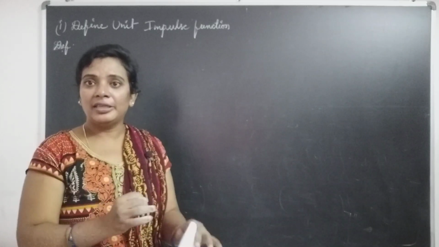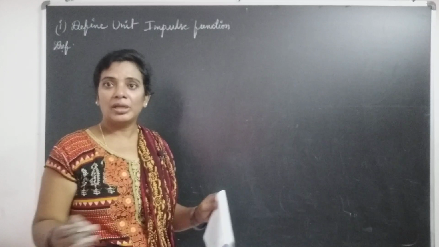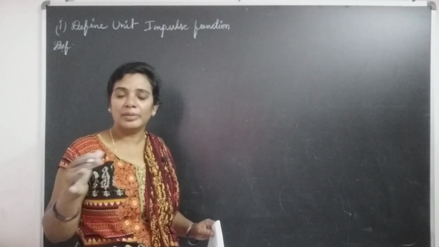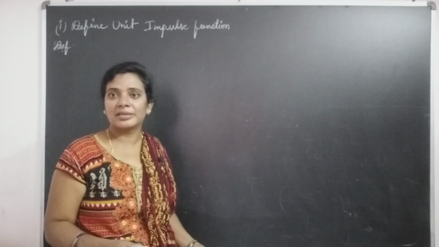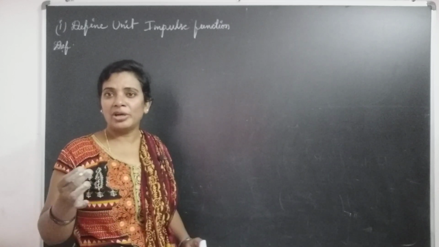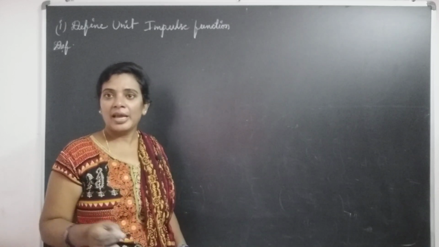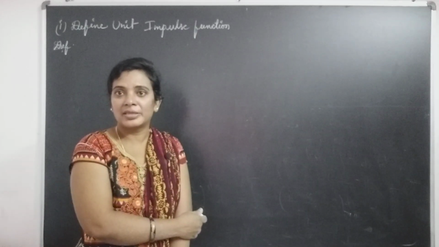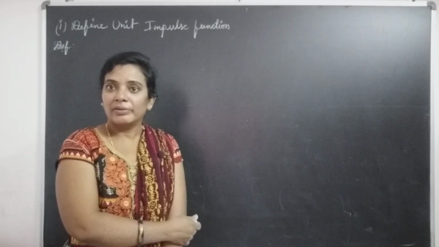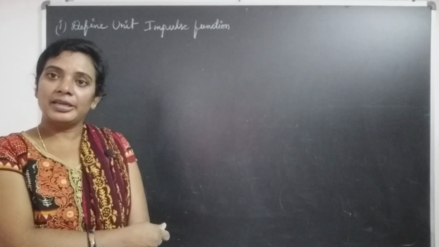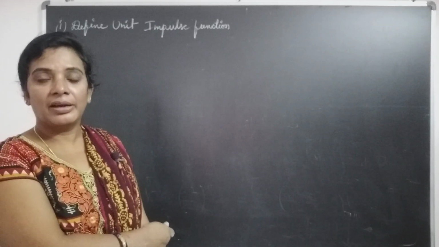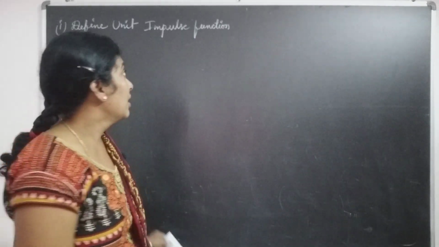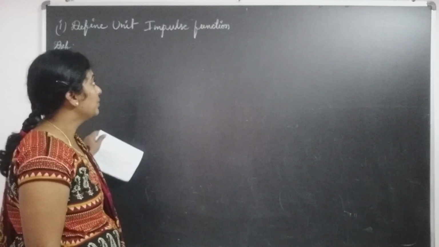The earth is moving and a very large force acts on the bodies for a very short duration. In such a period collisions of bodies occur, and in such situations the unit impulse function can be defined.